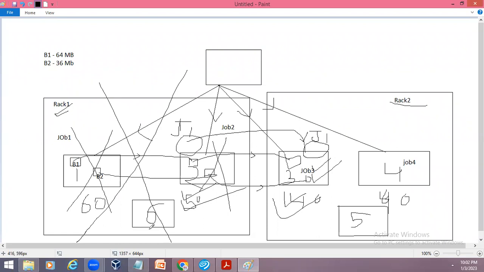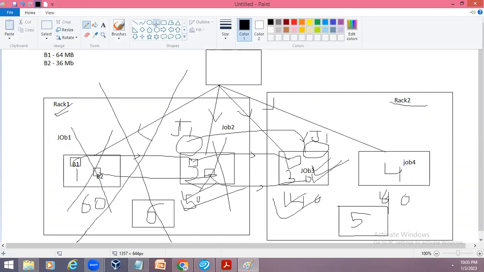To overcome this, you put at least one copy in another rack. So even though a disaster happens and you lose your entire rack, you still have the copy in another rack and you can retrieve your data. That's the concept of rack awareness. Clear on this?